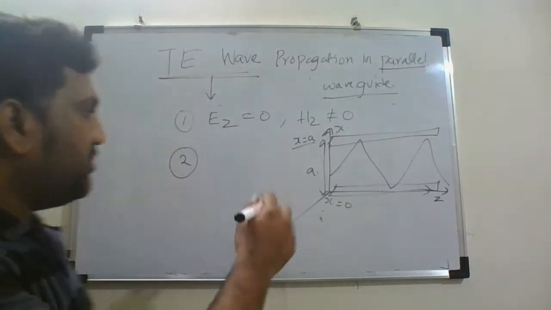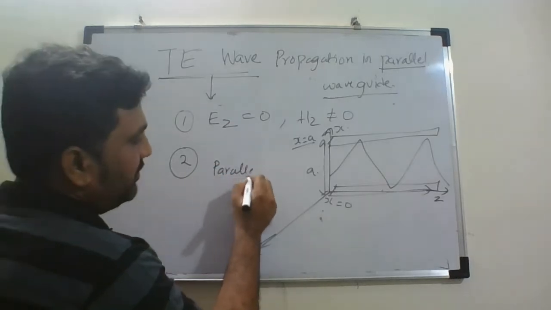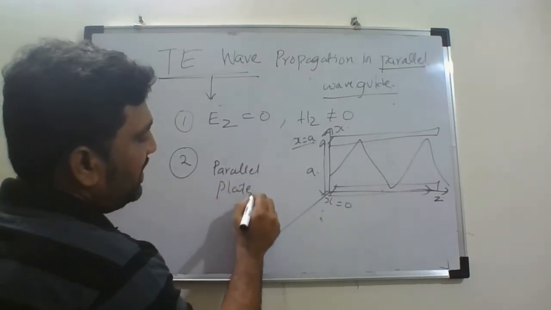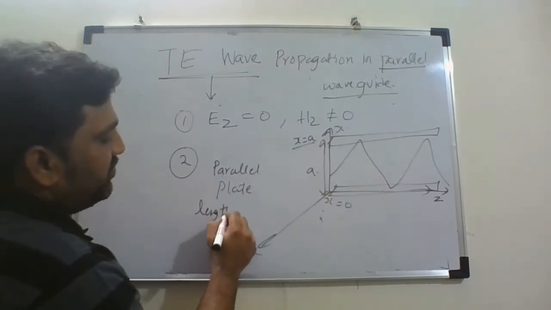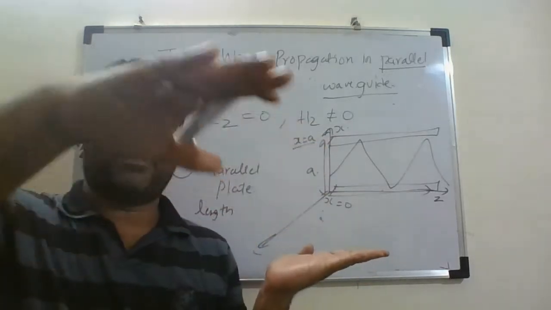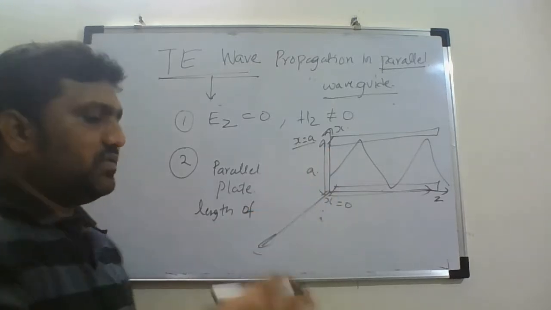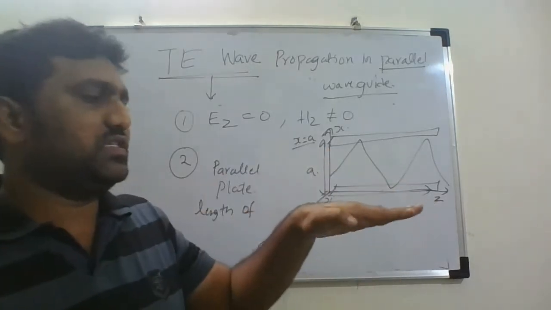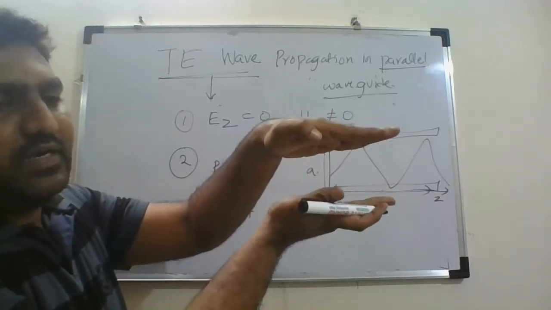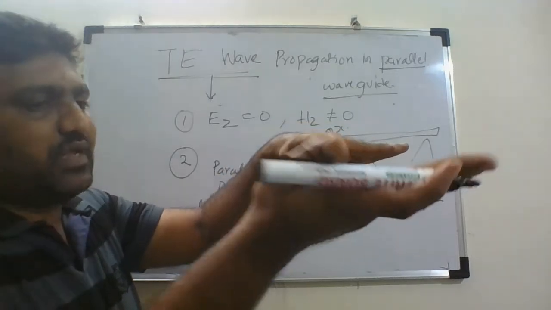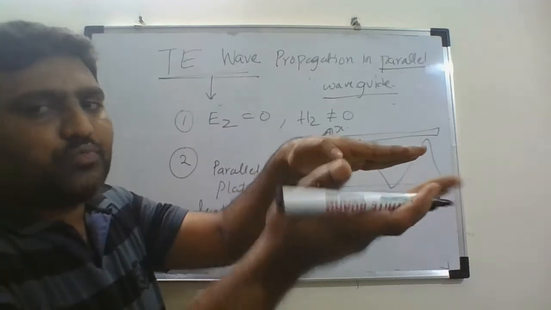Now, because it is a parallel plane waveguide, we assume that the plates are of infinite extent, whatever the width of the plates you consider. This is one plate, for example, and this is another plate. The width of the waveguide is assumed to be infinity.